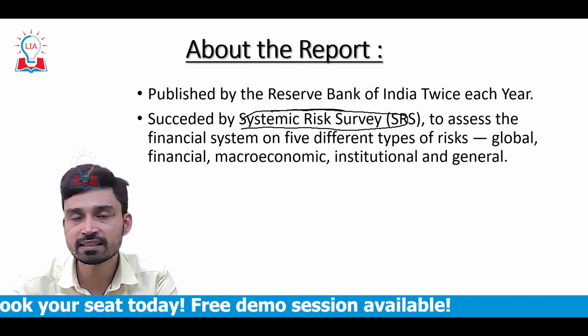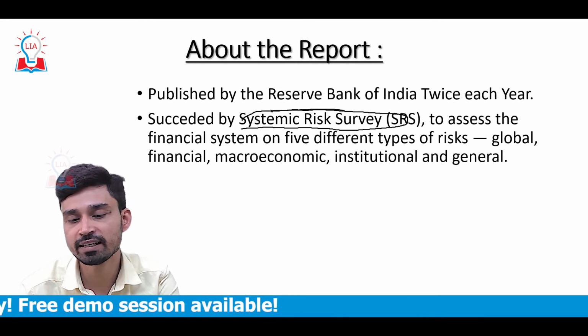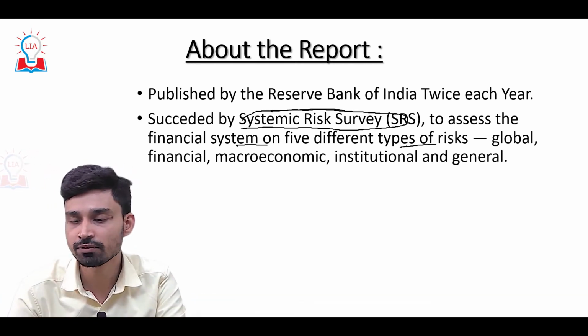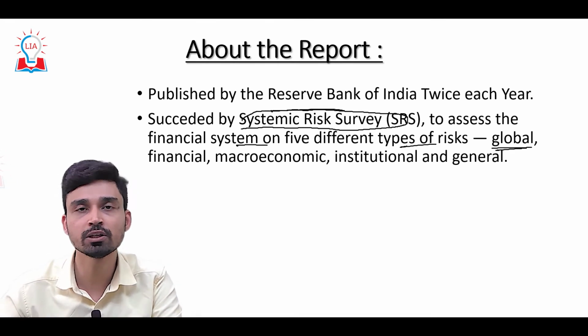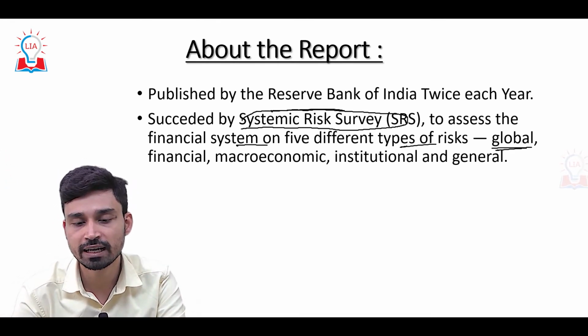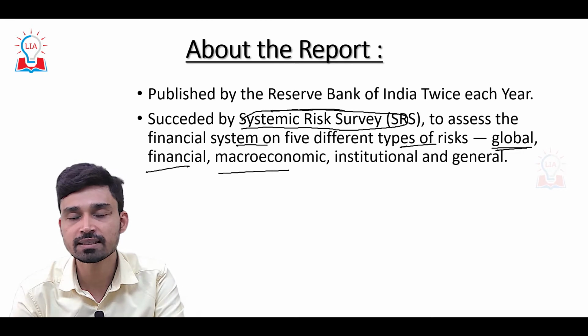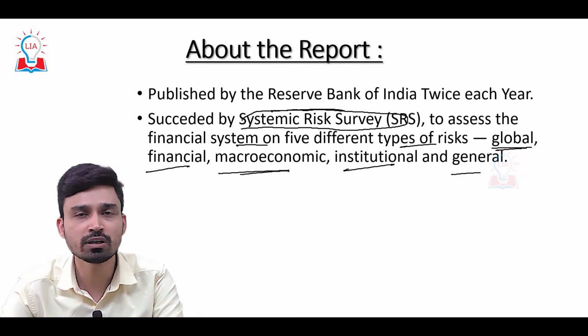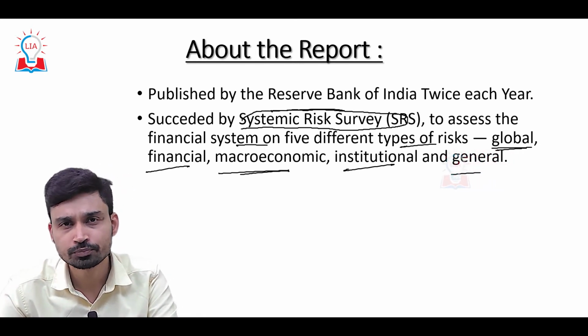Under this survey, RBI tries to assess the financial system on 5 main types of risk that it faces: the global risk due to changes in global macroeconomic situations, the financial risk, the macroeconomic risk at the domestic level, and the institutional risk, as well as the general risk to which different financial institutions are exposed.